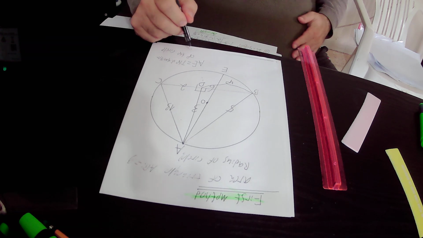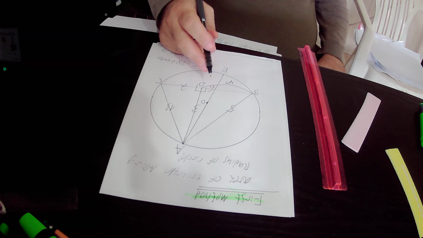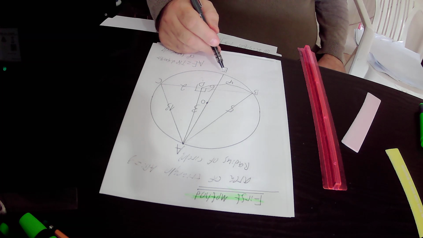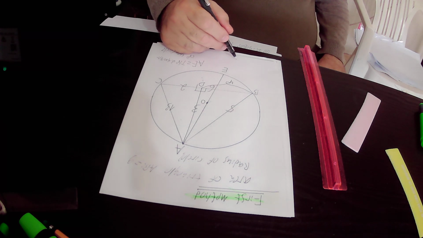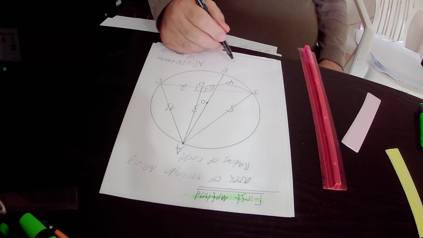So actually, if we define the radius of this circle as capital R, then the diameter of the circle will be twice as long as the radius.